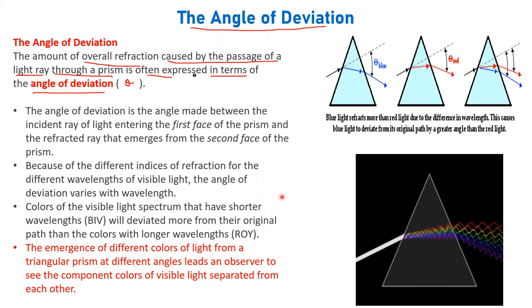Okay, children, the angle of deviation varies with wavelength. This is a very important point. When you allow white light, obliquely incident on the first face of the prism, you can see the different colors of waves coming from this white light.